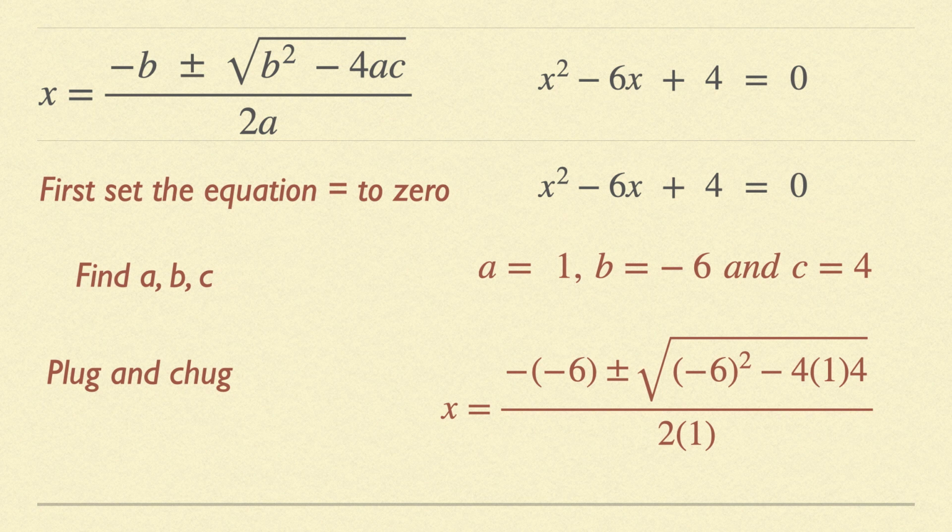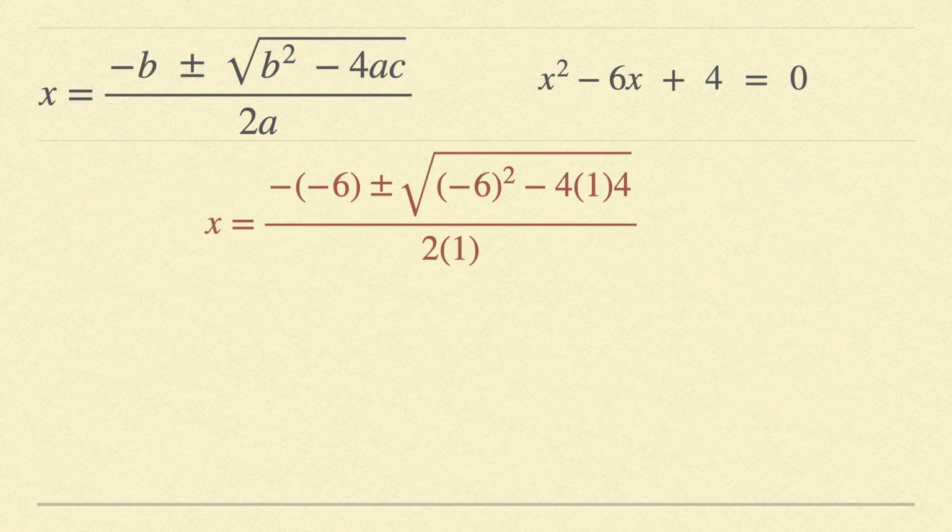So let's get going here, and now let's simplify this. The opposite of negative 6 is positive 6, plus or minus negative 6 times itself is positive 36, minus 4 times 1 times 4, which is 16, so 36 minus 16, that whole thing over 2.